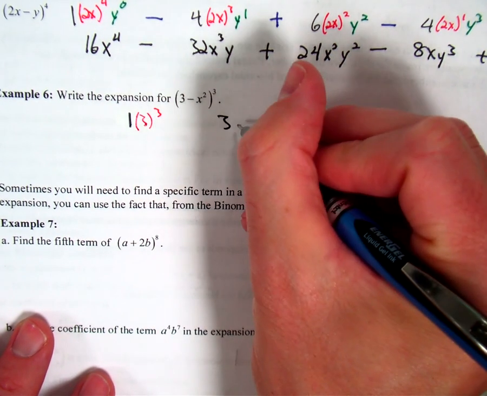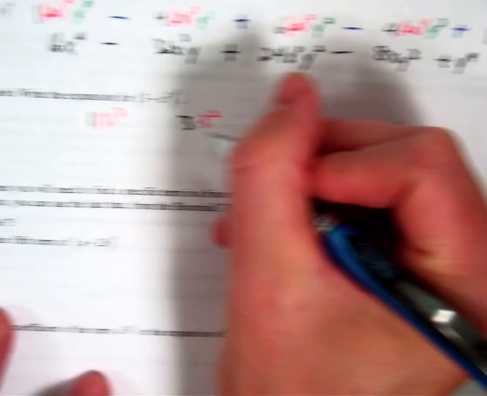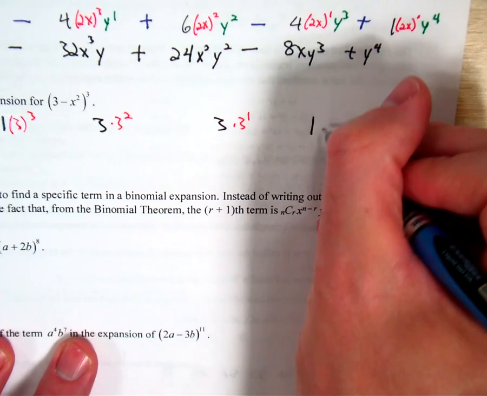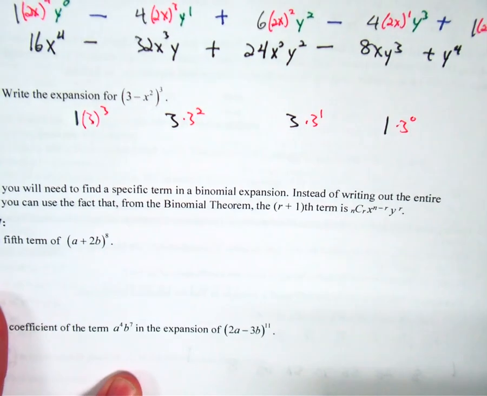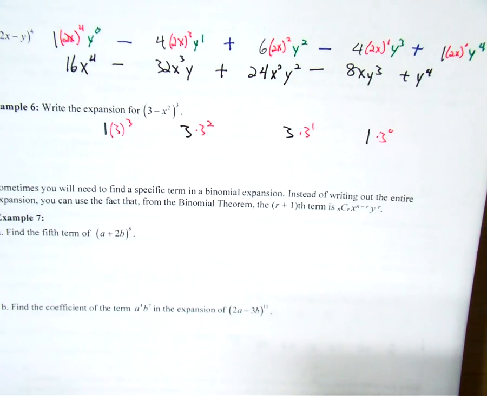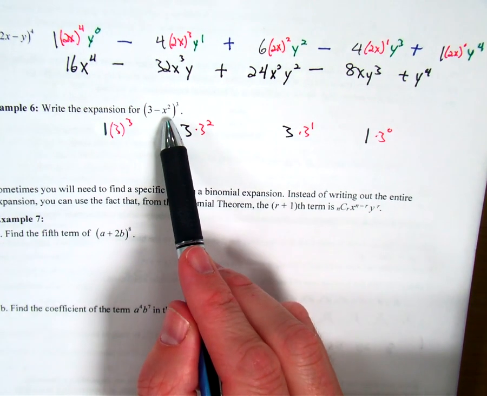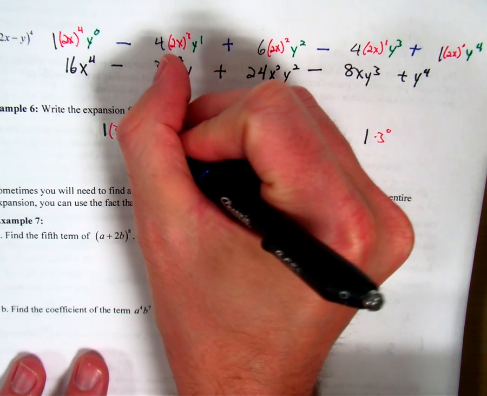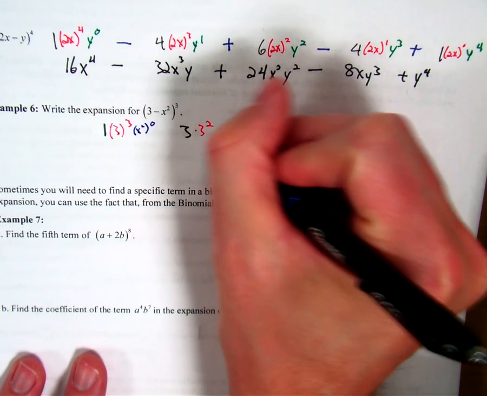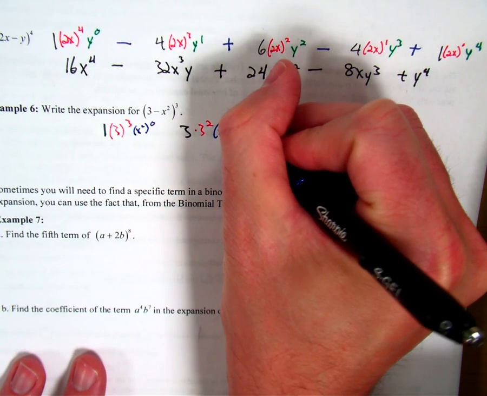And then we'll have 3 to the second, 3 to the first, and 3 to the 0. And now we'll have x squared, starting with a 0 and climbing up.